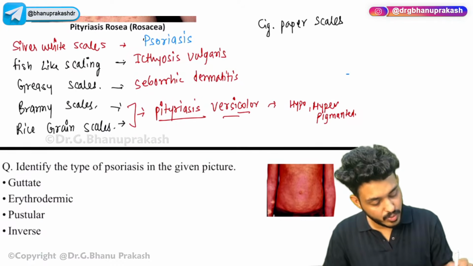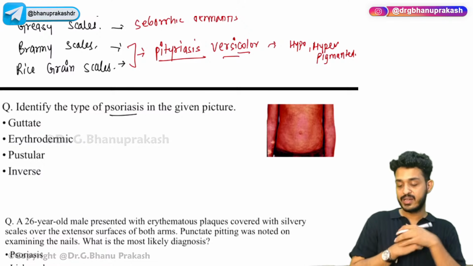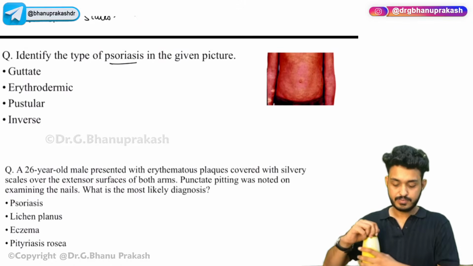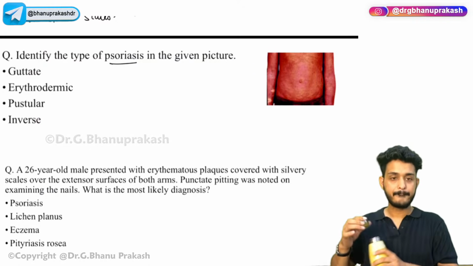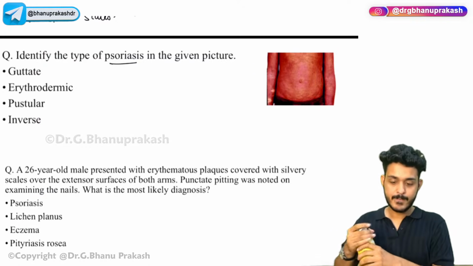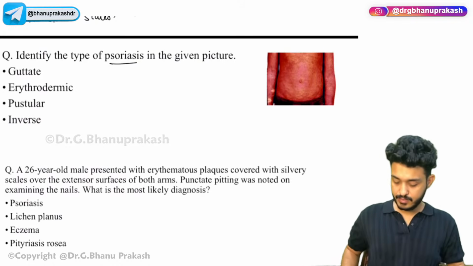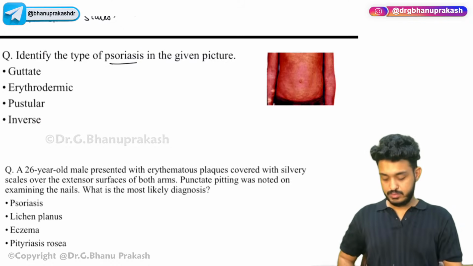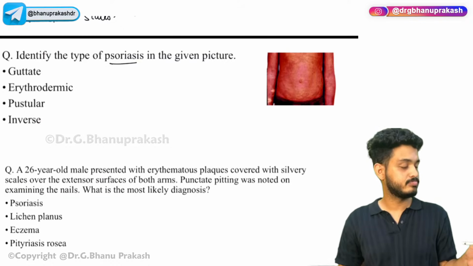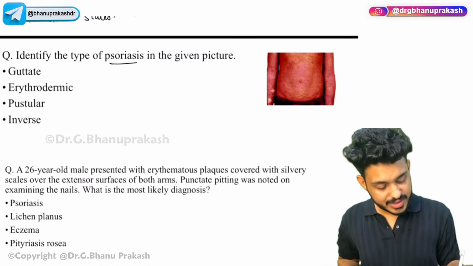Now please move on to the next: identify the type of psoriasis in the given picture. Some are saying D, some are saying B. So this is a red color structure.